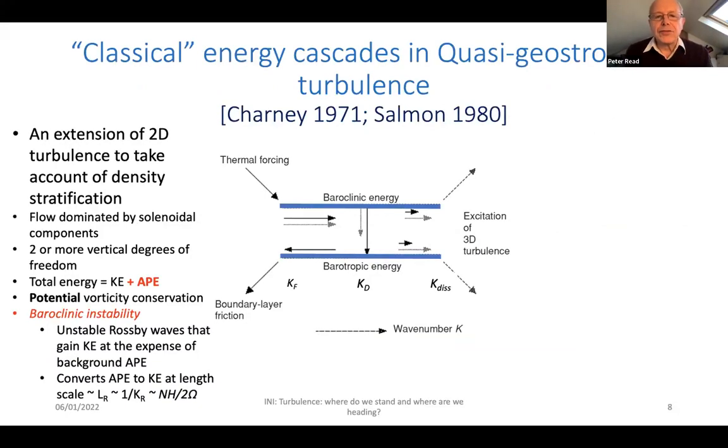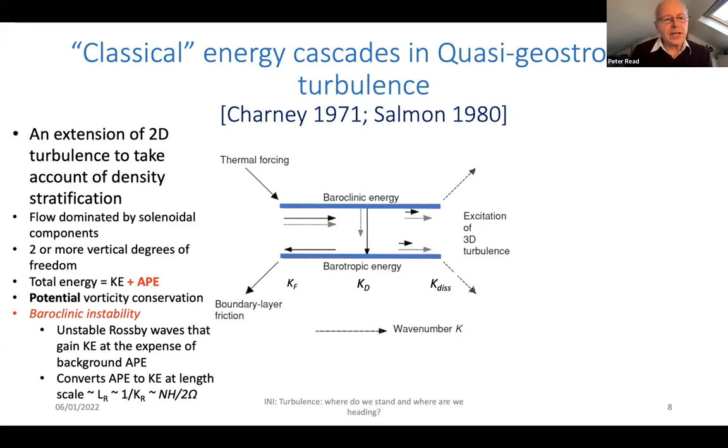This was generalized something like 50 years ago now, I guess, by people like Jules Charney and Rick Salmon, into an extension that takes some first account of the density stratification aspects of geophysical flows. So the flow is still essentially dominated by solenoidal components, which are quasi-horizontal in various ways, but in which we can introduce 2 or more vertical degrees of freedom.